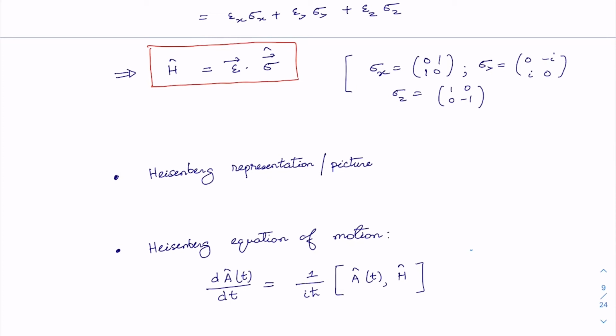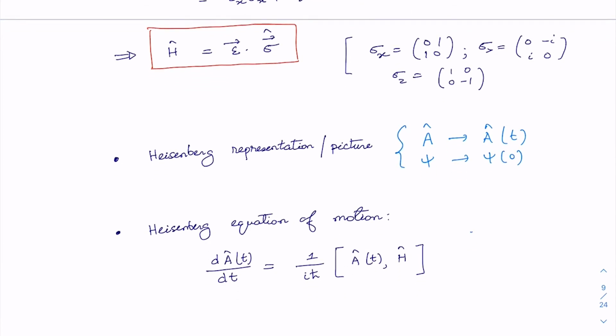And in this picture we learned that any quantum mechanical operator, say A, becomes time dependent, and the wave function is time independent. On the other hand, in the so-called Schrodinger picture, which we are generally used to, the time dependency is associated with the wave function, and the operator is time independent.